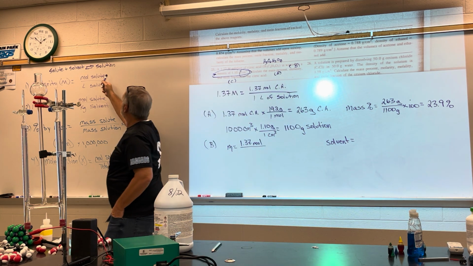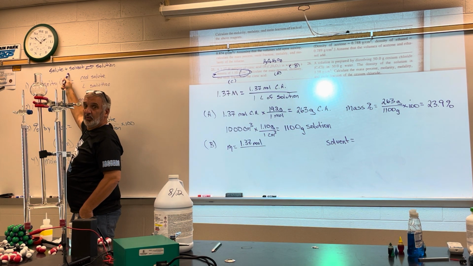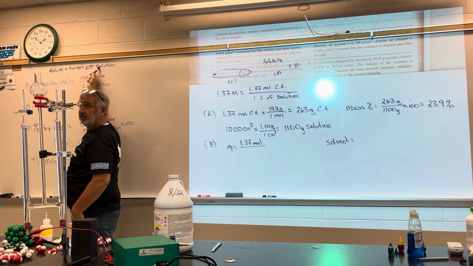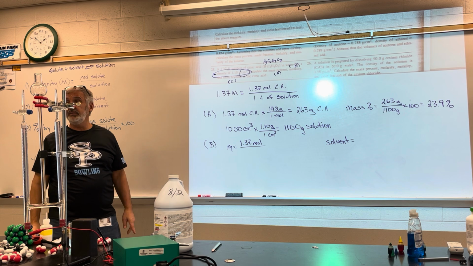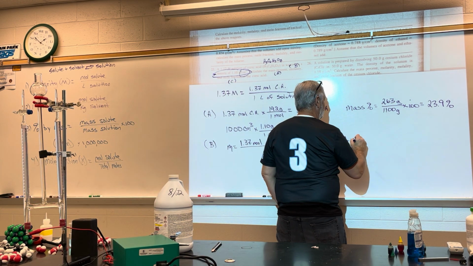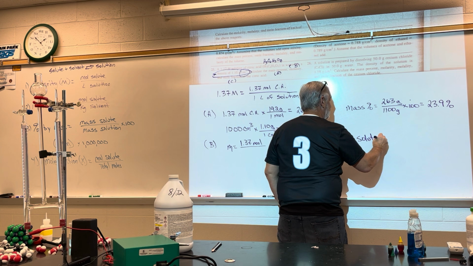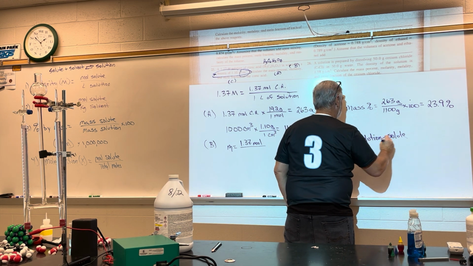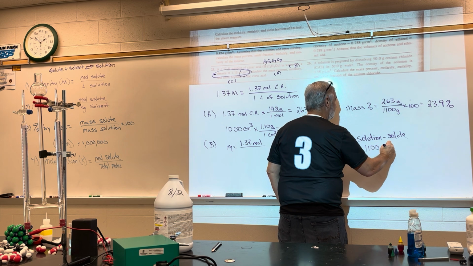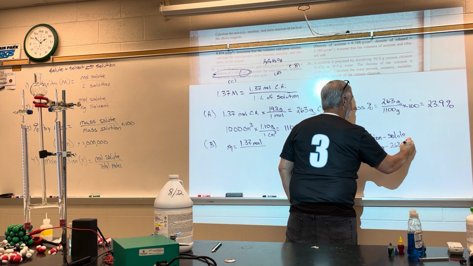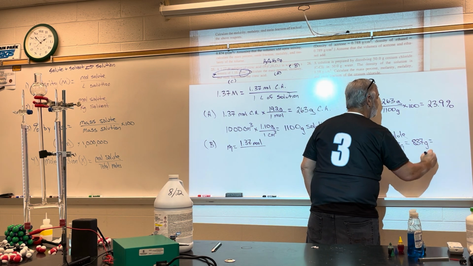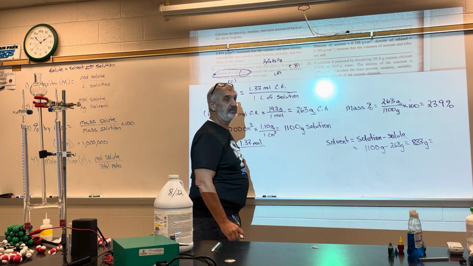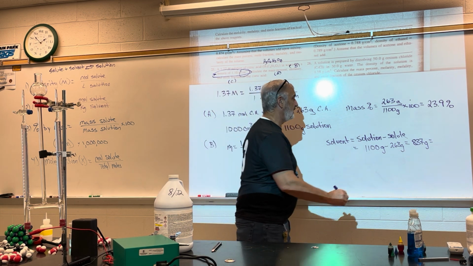Well, the solution is solute plus solvent. What two things do I know? I know the mass of the solution, 1,100, and I know the mass of the solute, 263. So the solvent is going to equal solution minus solute, which is 1100 minus 263, which is going to equal 837 grams, which is how many kilograms? 0.837.